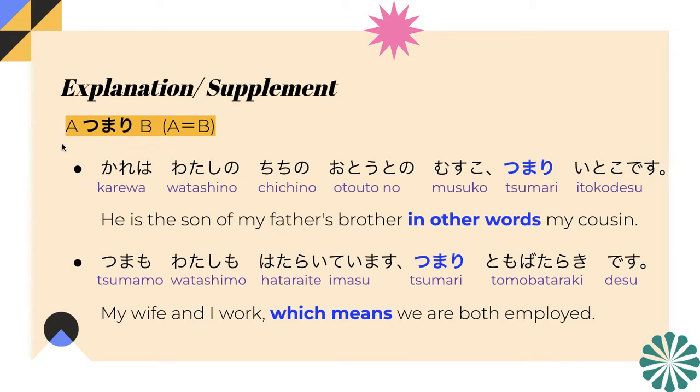Phrase A つまり phrase B. つまり functions the same as an equal sign.